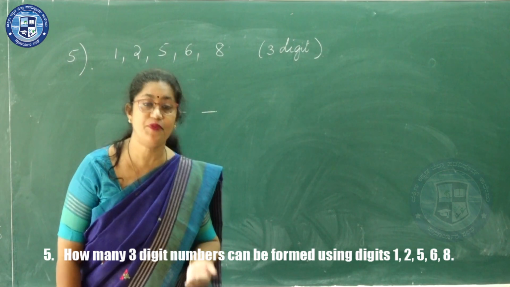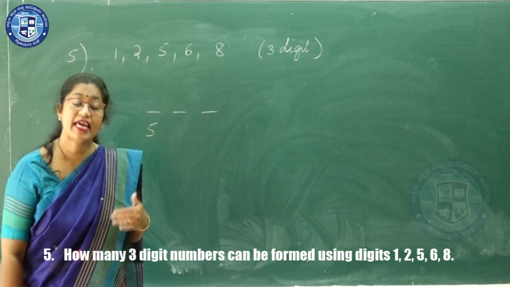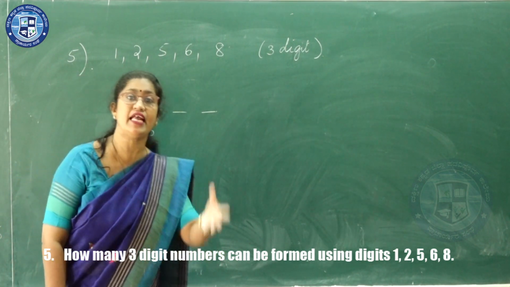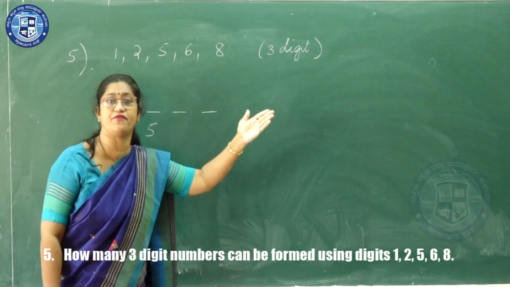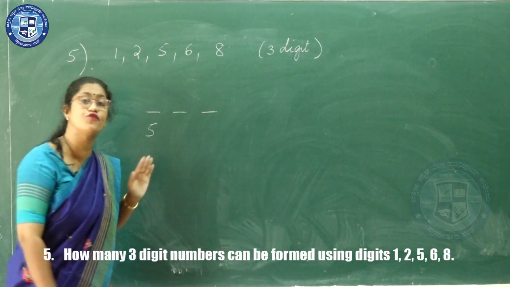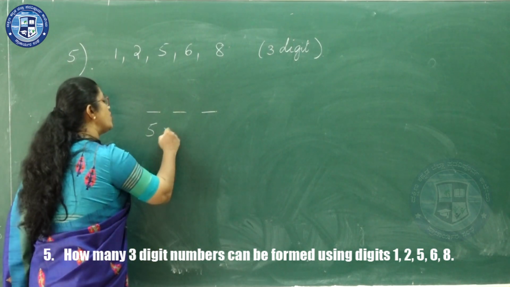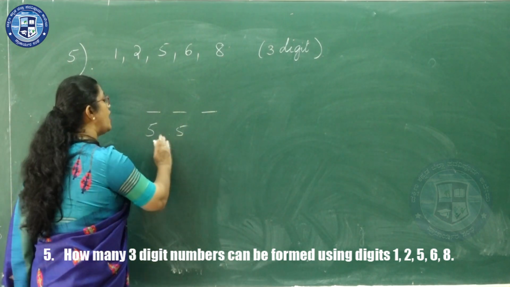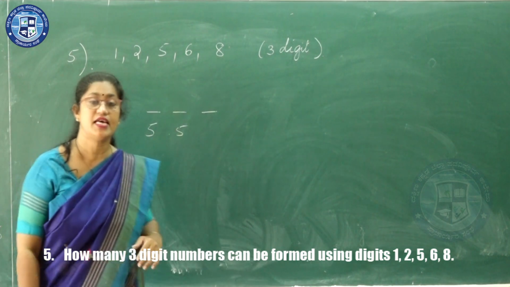Now come to the second place. I can repeat the digits, so again I can fill it with any one of the 5. I don't have any restrictions of not repeating. So the next one also has 5. And what about the third place?